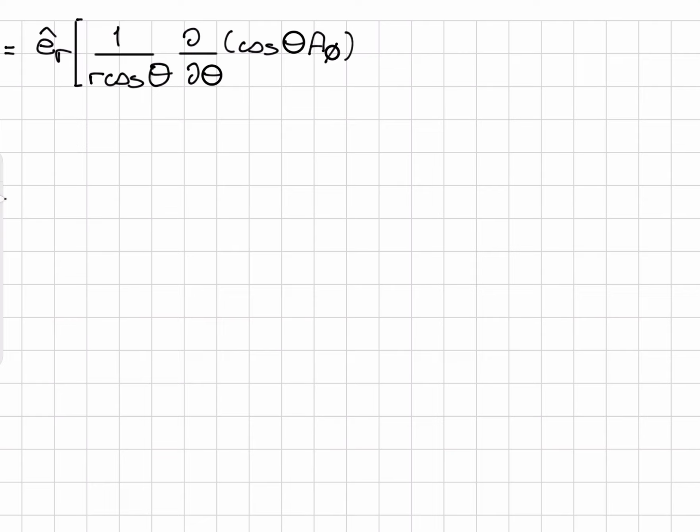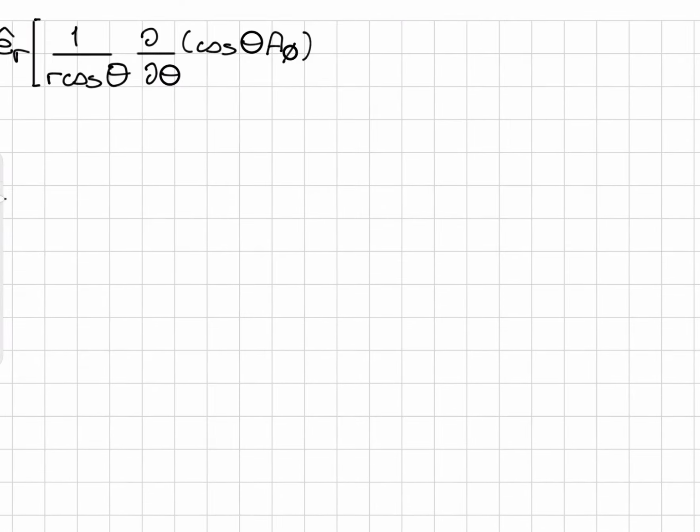And then the second term was a phi derivative of r a theta. Again, r is not affected, so I could say it is also equal to minus 1 over r cosine theta, the derivative with respect to phi of a theta.